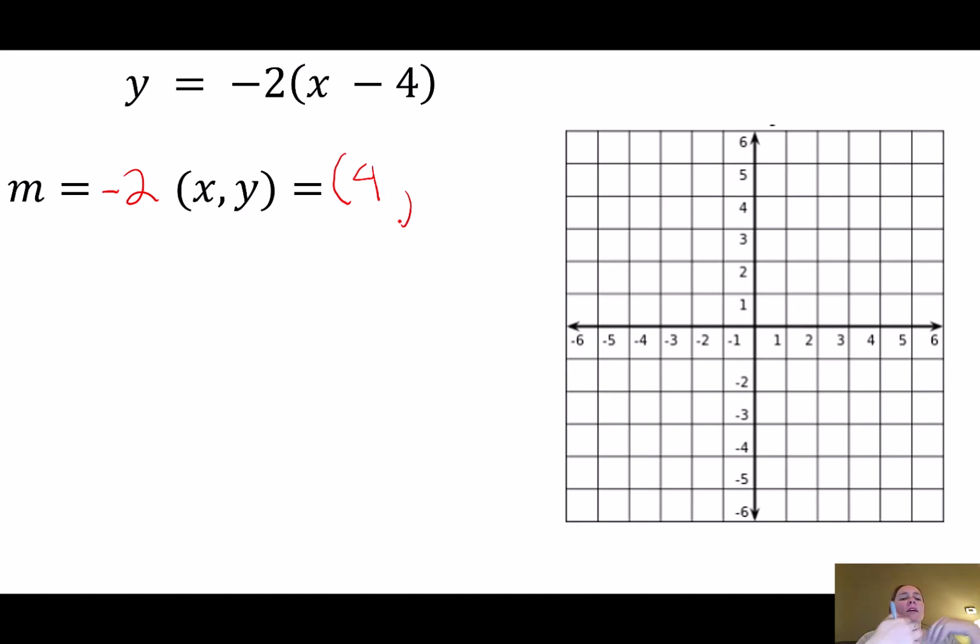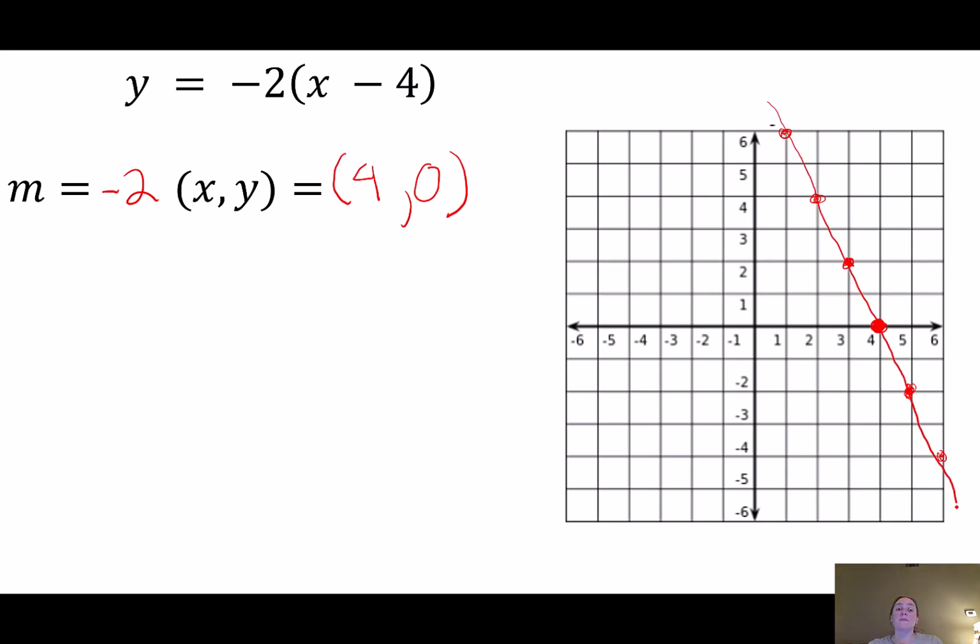If I don't have anything that's after the y, then we know that's +0. So my point is 4, 0. So that means I'm going to go over to 4, and this is my actual x-intercept. And from there, I can go down 2 and right 1. And I like to give myself plenty of points, so I work backwards, going up 2 and left. And then I can draw my line.